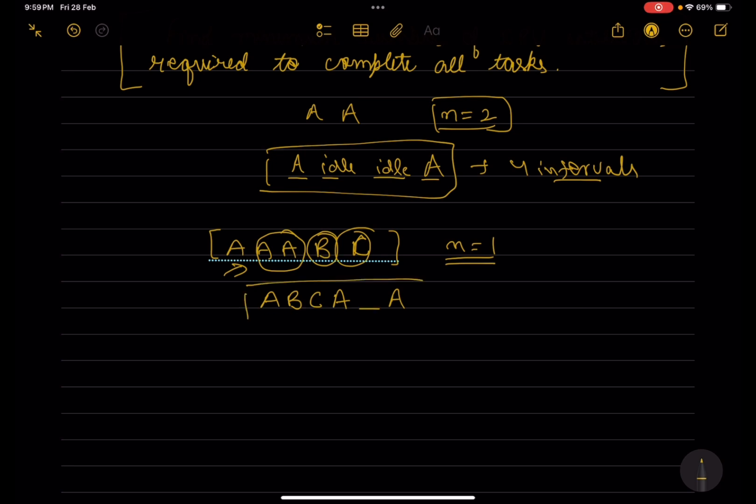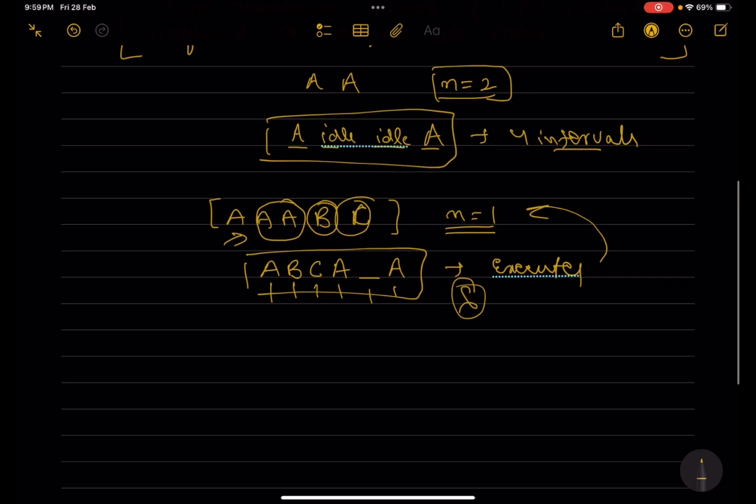So this is one way in which the CPU can execute all of these tasks. How many intervals are taken by the CPU in this case? 1, 2, 3, 4, 5, 6. 6 intervals. We have to find the minimum. Now let's try another way.